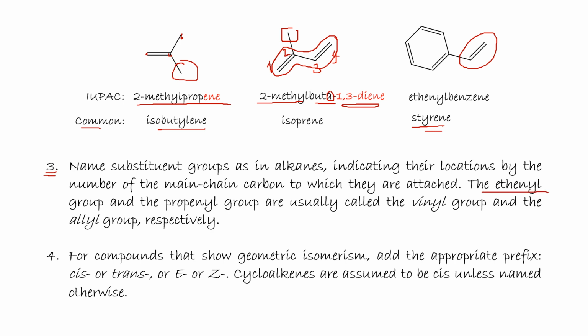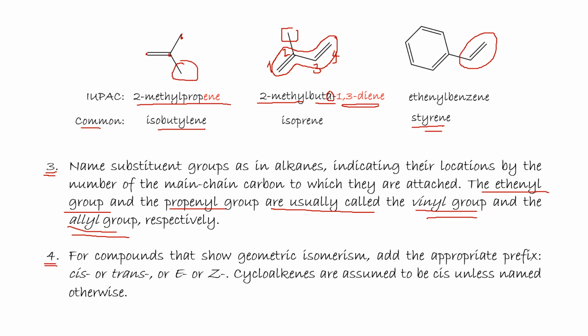The ethenyl group or propenyl group are usually called vinyl, acceptable in IUPAC, and for the propenyl, allyl group is acceptable too.